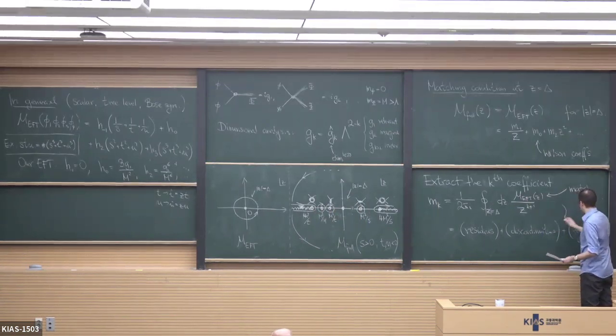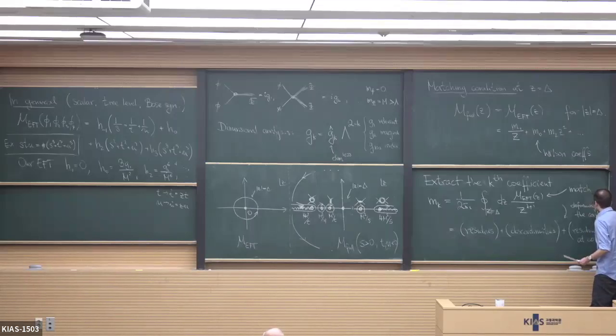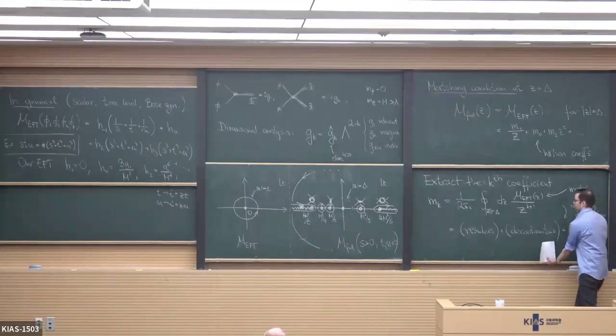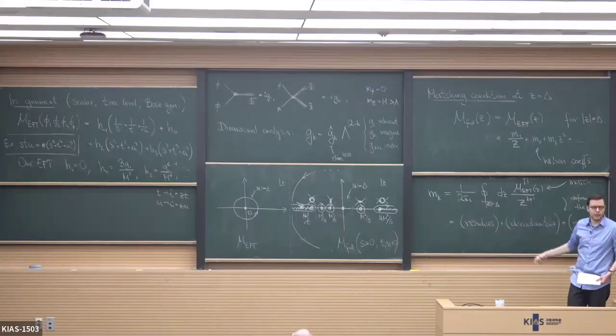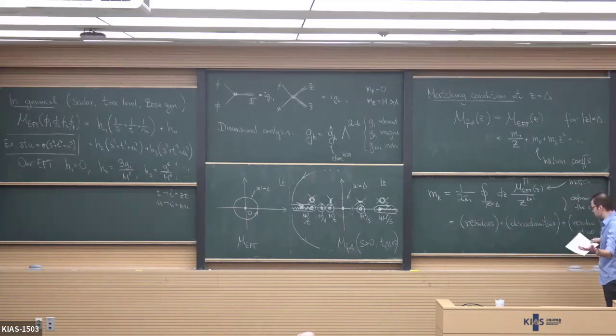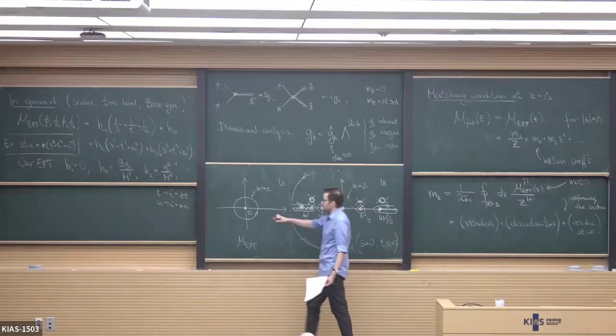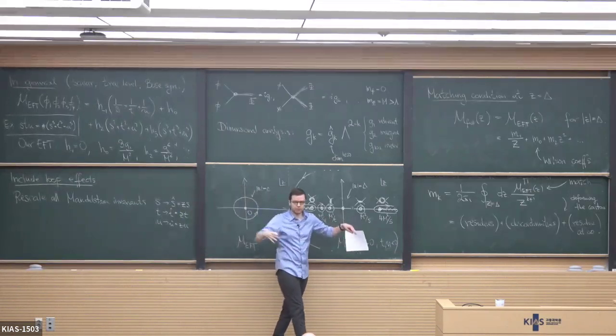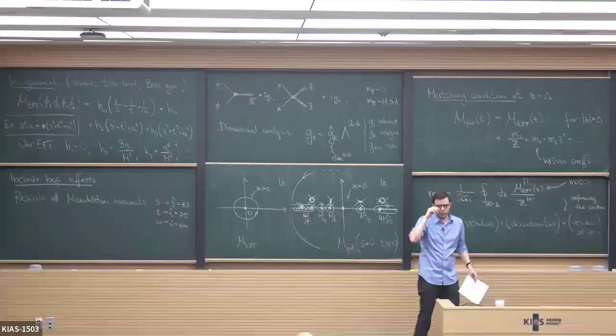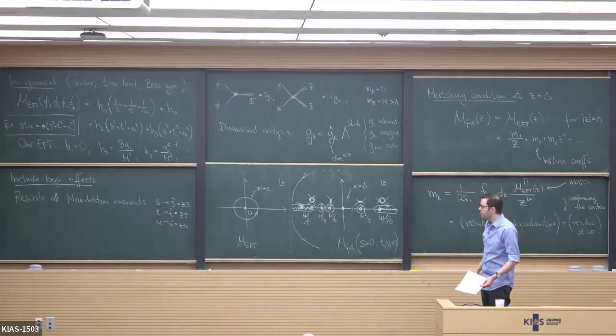Let me write that this step to this step was deforming the contour. And let me also give a name to this relation. This relation is, in a sense, the version of what you've seen in the lectures on dispersion relations. It is a specific type of dispersion relation. What I've been doing here is rescaling all the energies of all the particles at the same rate, while keeping the ratios of the Mandelstam invariants the same.